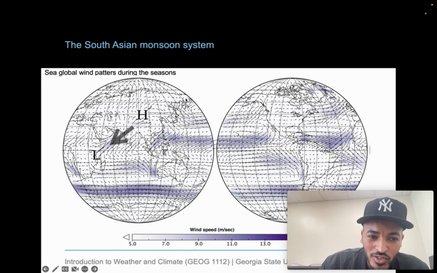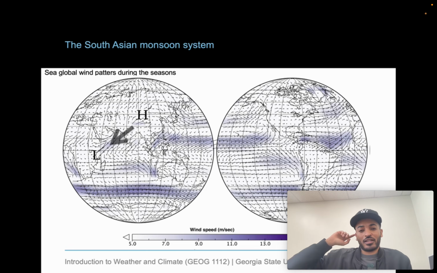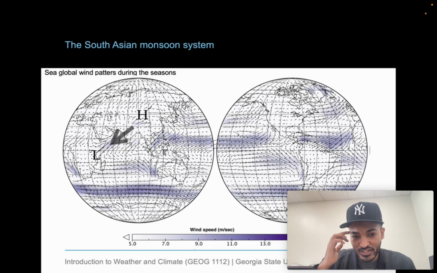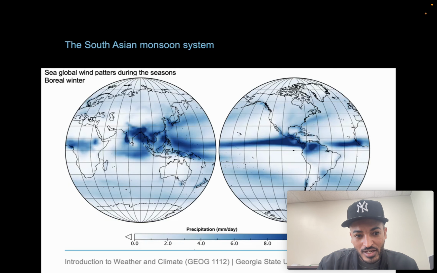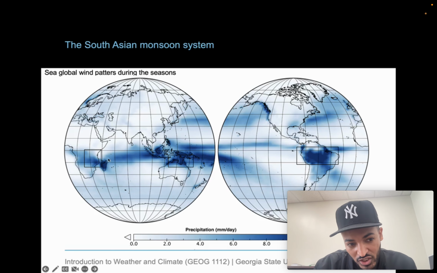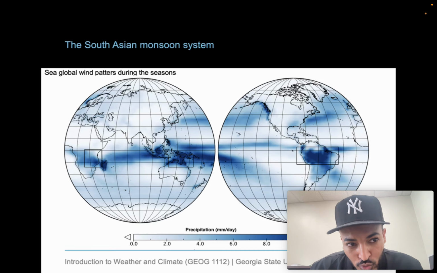Now it is cold in the northern hemisphere, in many places, while it is warmer in the southern hemisphere. So this time of the year in the southern hemisphere, if you go to, for instance, cities in Brazil, it's really warm, right? The sun is overhead in the southern hemisphere when it is colder during the winter season in the north. So what we have is a complete reversal of these patterns, and then we have more precipitation, the monsoon moving southward, right?